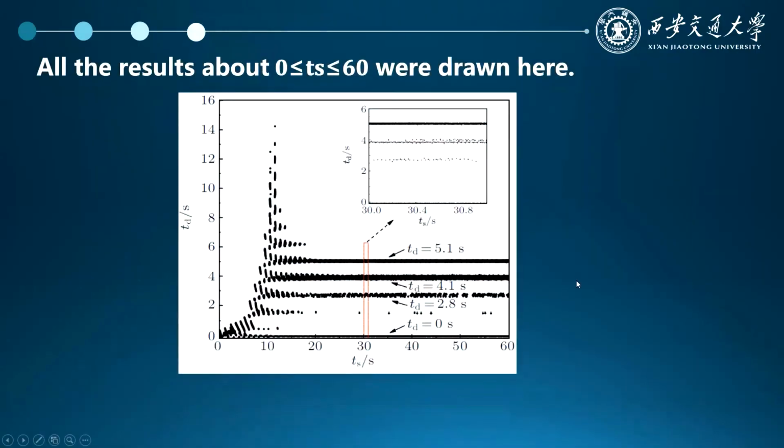Here is the delay for stimulus duration from 0 to 60 seconds. There are mainly 4 kinds of delay from 20 seconds to 60 seconds. They are 0, 2.8, 4.1, and 5.1. Even in a thinner interval, the 4 values could still be observed clearly in the interval 30 to 31 seconds.